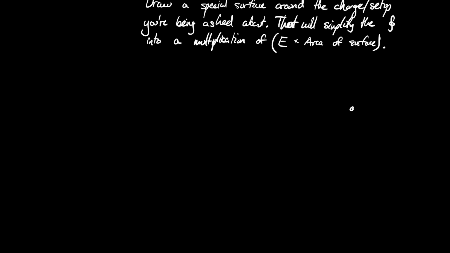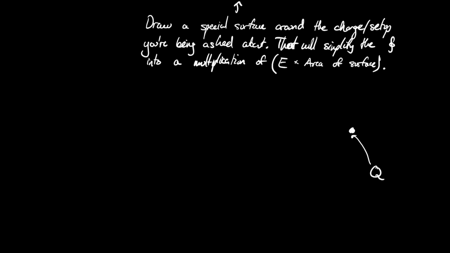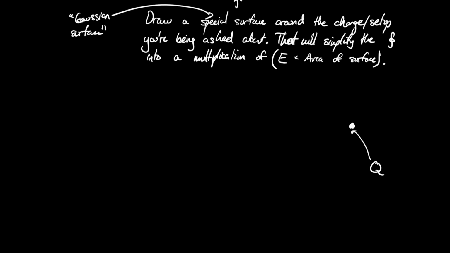Now, again, our setup is there's a charge right here at the center, and we're asked to draw this mysterious specific surface. Some people call it a Gaussian surface, so I'll write that. The rules for picking the special surface are this.